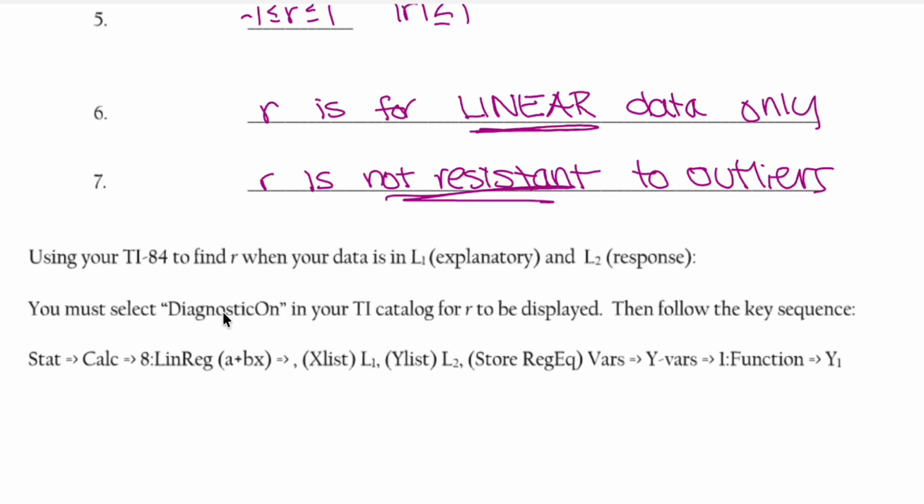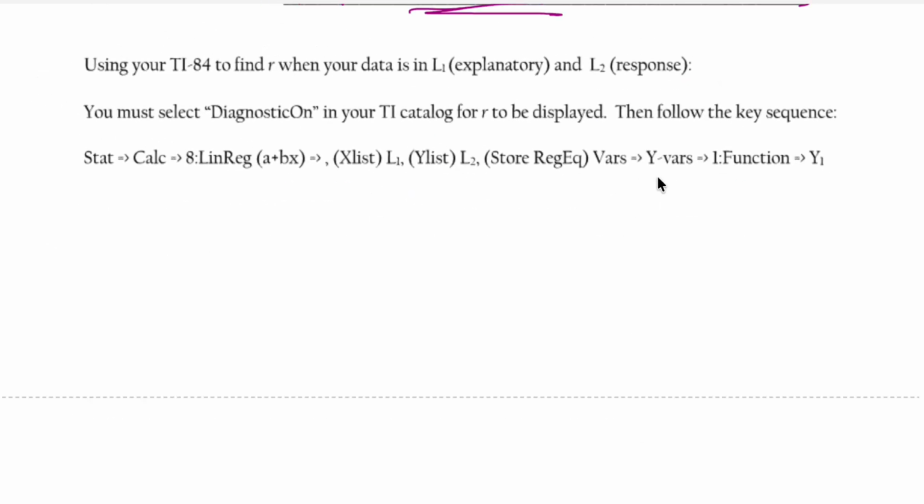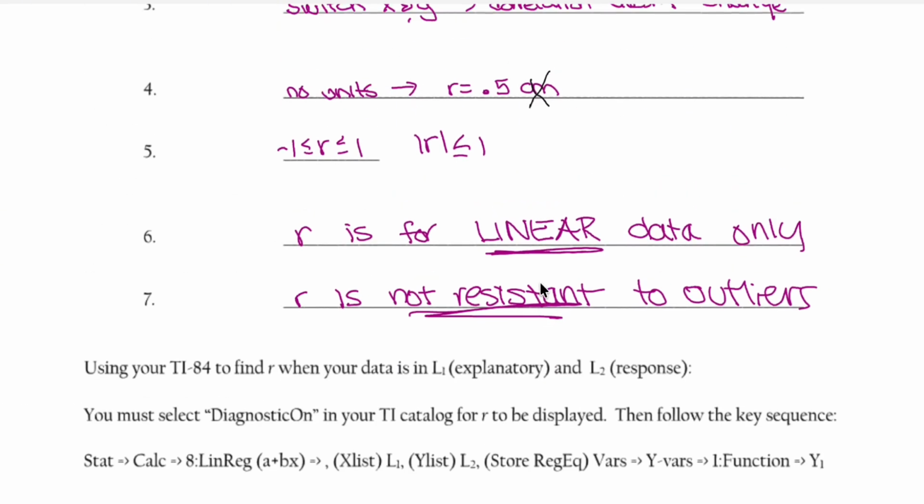So be sure to check that before you actually enter data into the calculator. Then follow the key sequence. Stat, calc, 8, select linear regression, A plus BX. Then go into X list, L1, Y list, L2, store regression equation, variables, Y variables, 1, function, and then Y sub 1.